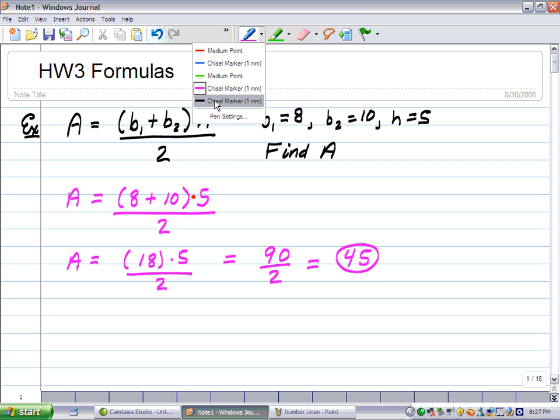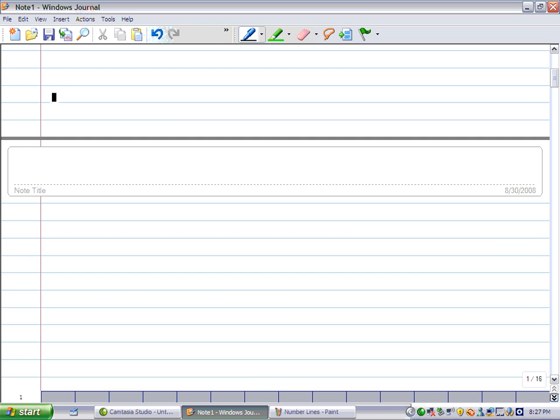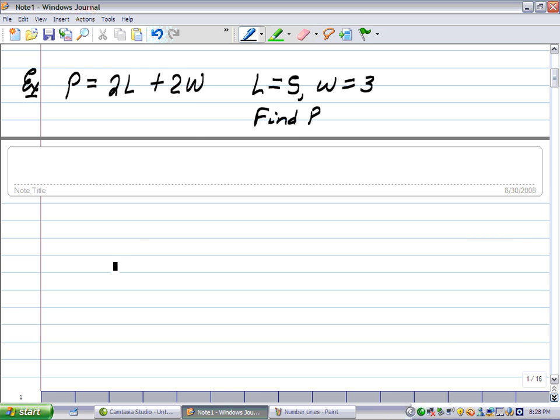Okay, let's do another one. Let's do a second example. This one is for rectangles. The perimeter is equal to 2 times the length plus 2 times the width. And let's suppose we know that the length is 5 and we know that the width is 3. We want to find the perimeter.